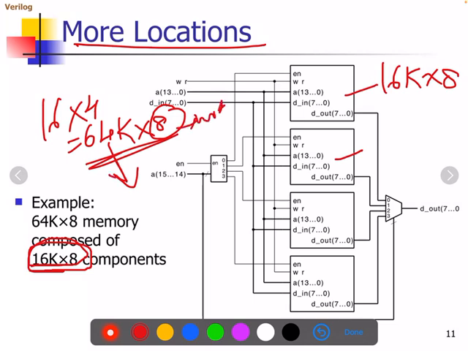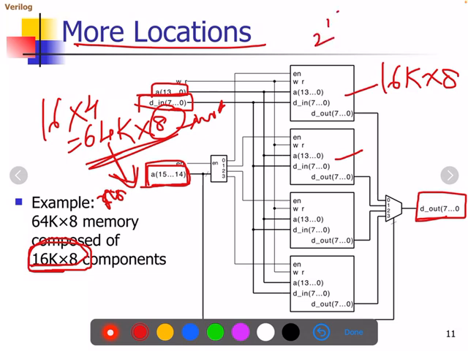Here we have increased the number of locations in the memory. D out remains 8 bit, D in also remains 8 bit, and the address is given in the form of 0 to 13 as well as 14 to 15, so totally 16 bits. So 2 to the power of 16 locations. Enable is also provided over here. Four smaller memories of size 16k by 8 have been connected in order to have a larger number of locations. So this is how we can accomplish wider or bigger memories.